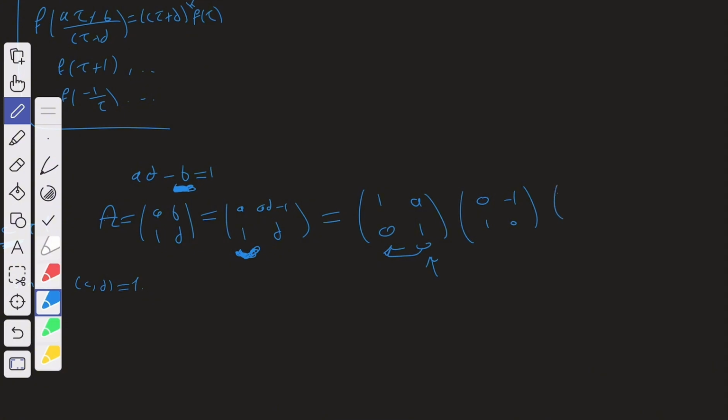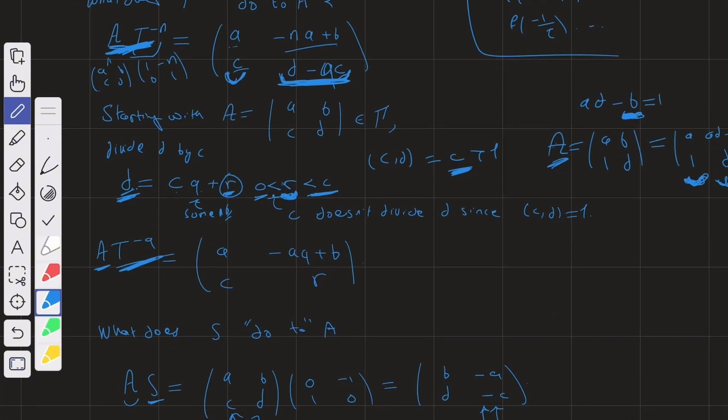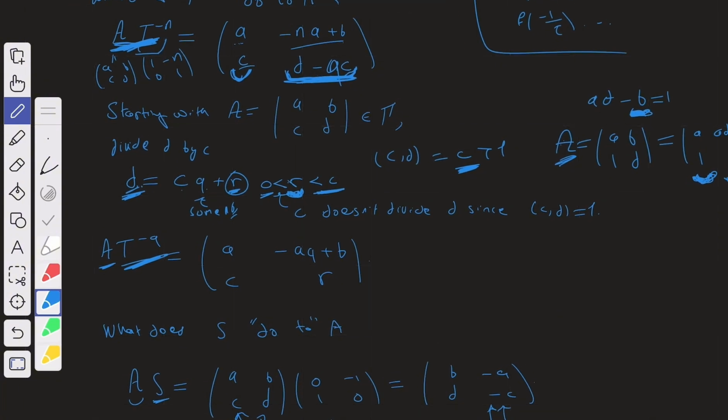And if you multiply back by the matrix (1, D, 0, 1), you will be getting exactly this column, and this will be just T to the A, S, and this is D, and this will be T to the D. And you would have written the matrix A as a product of T's and S's as desired. So the case of C equals 1 also goes in the base case, and it is actually trivial to show. So for that reason, we may assume C is strictly bigger than 1.